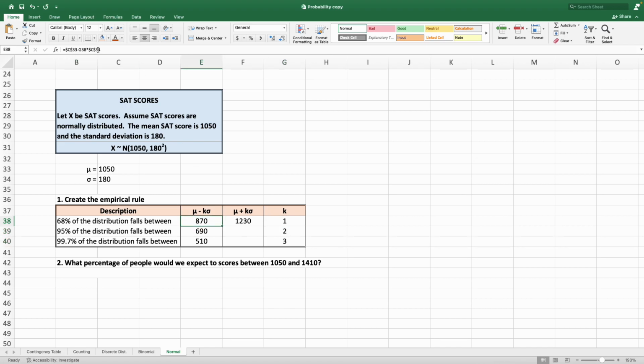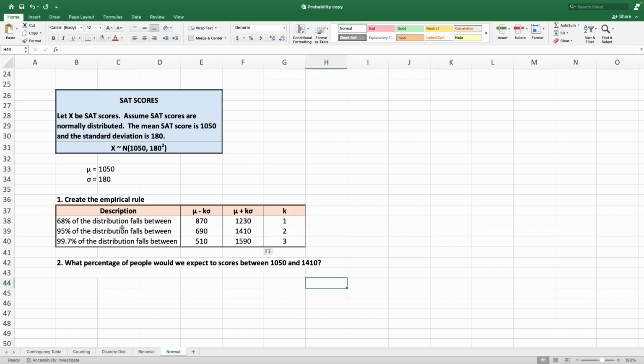Notice that C33 and C34 do not change as I cycle between these numbers, because we don't want the mean and standard deviation changing. So let me do that for this as well. I'm going to lock the mean and standard deviation in place, and then once I do that, I can pull this down. And we have our ranges.